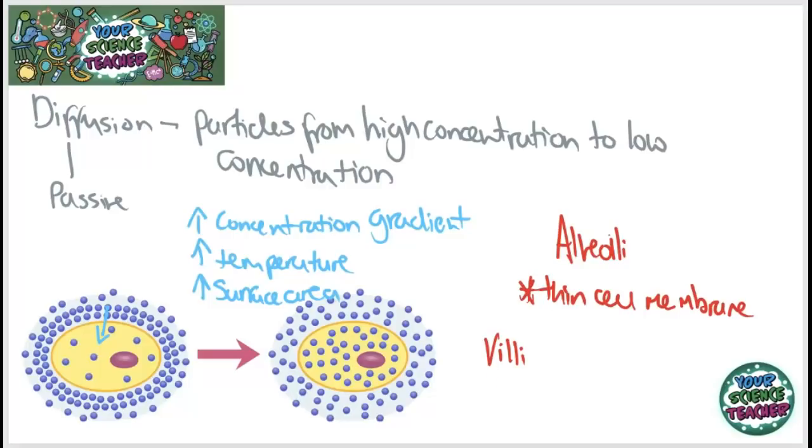And exactly the same, they have incredibly thin cell membranes as well as having high blood supplies and large surface areas. So you've got to think about those things when it's asking for adaptations in your body. You've got to be thinking thin cell membrane, large surface area, and also a high blood supply.